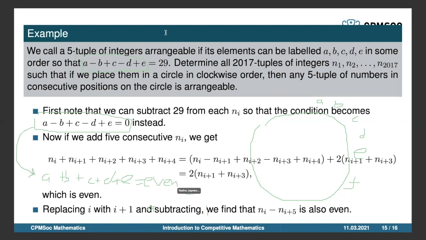But now we can do the same thing with B, C, D, E, and F. So if we have 6 adjacent numbers on the circle, you can do the arrangeable thing for A, B, C, D, and E, and also for B, C, D, E, and F. And we get a similar statement of B plus C plus D plus E plus F being even.